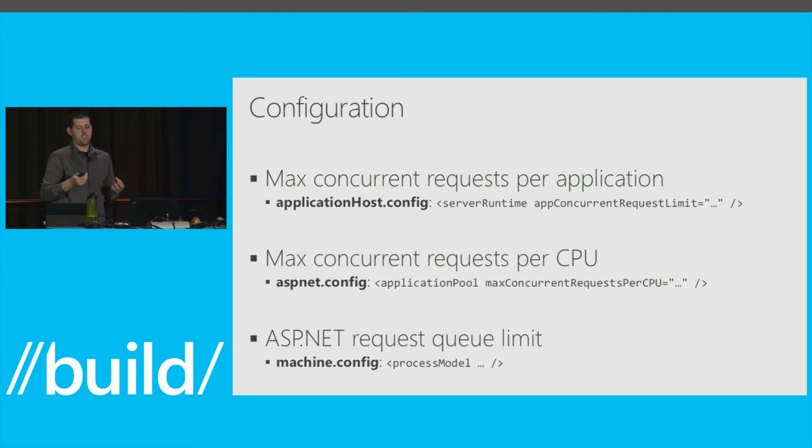But basically, if you're seeing that your ASP.NET application can't handle more than, say, 5,000 concurrent connections, check the app host config, ASP.NET config, and machine config to see if one of these is throttling the maximum number of concurrent connections that the server can execute. For applications like SignalR, which have long-running requests and tens or hundreds of thousands of clients, you will definitely have to bump these numbers up.